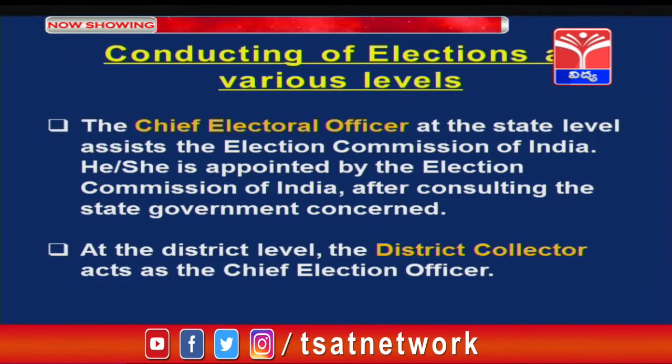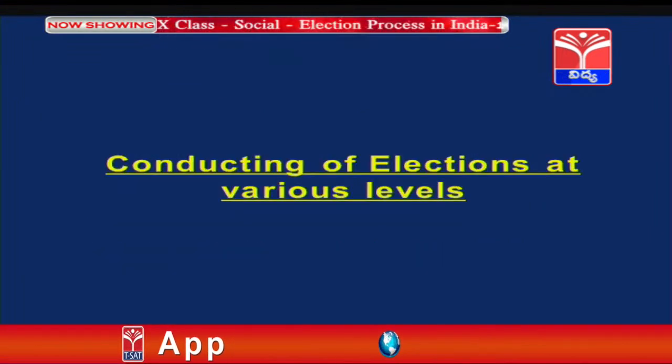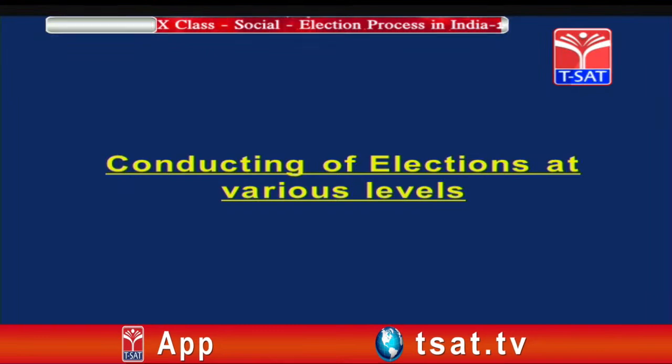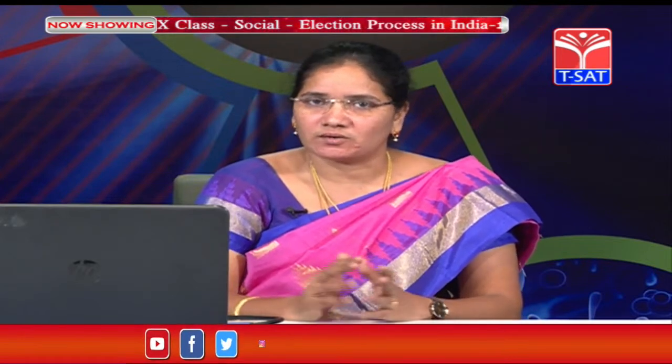At the district level, the district collector acts as the chief election officer, conducting the elections at various levels. Till now we have seen the main persons who are conducting the elections. Now let us see the procedure of conducting the elections.